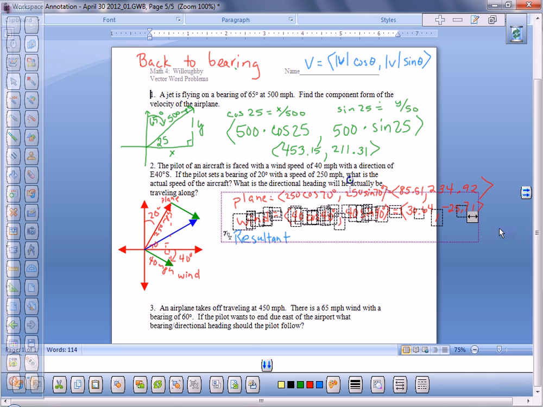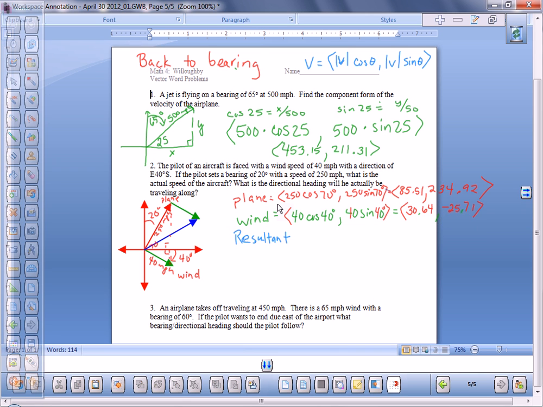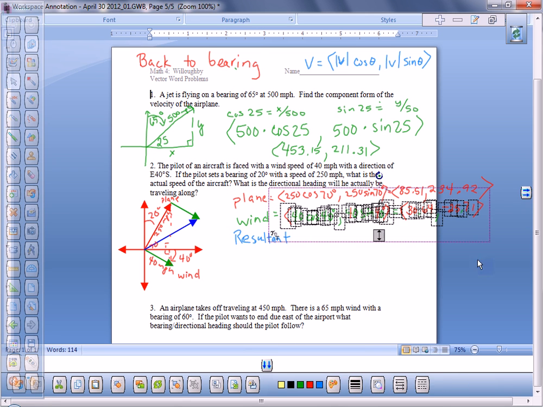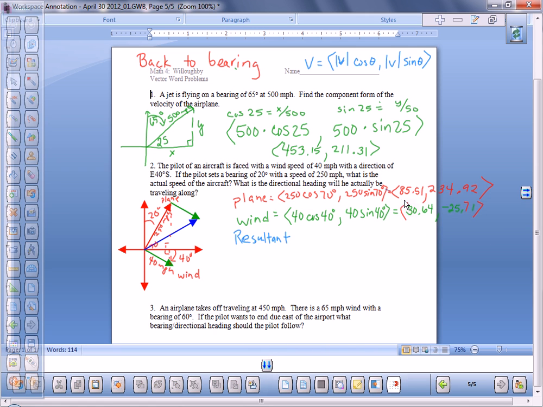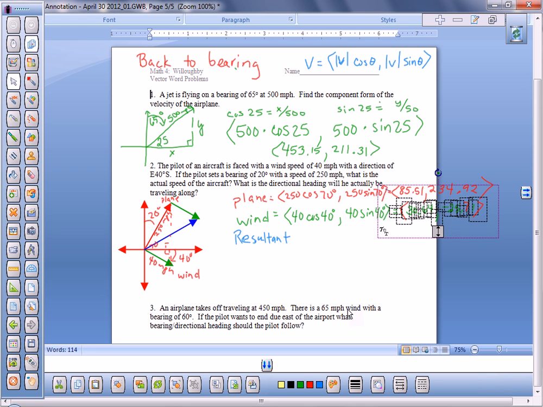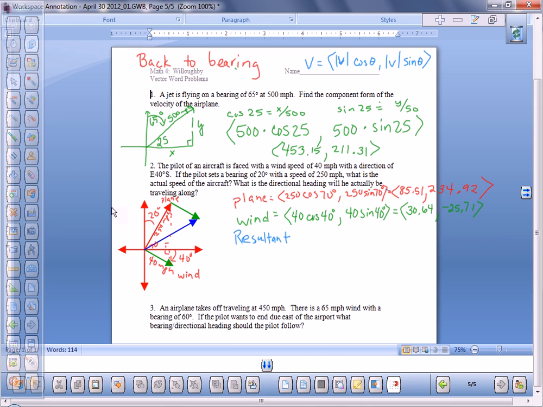Try one more time. All right, last try. Undo. There we go. Okay, so the resultant would be the sum of those two, and we're going to add those up.